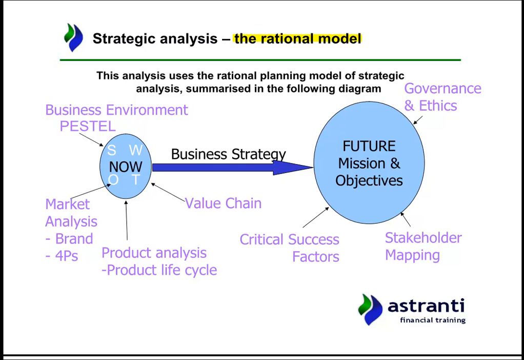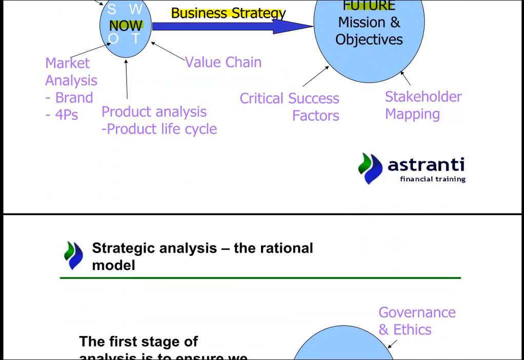So we do this by first of all looking at where they want to go, where they are now, and how they are going to get there. How do you get from the now to the future? And as you can see, all these different models around the bubbles on the slide here, these are the kind of models we're going to look at as we progress through this strategic analysis.